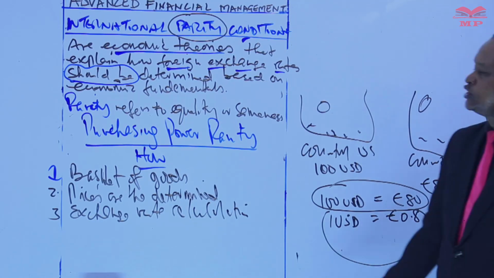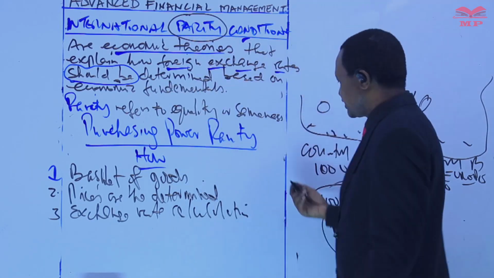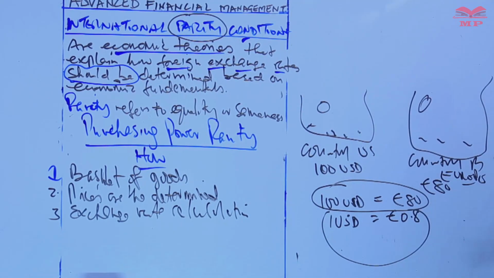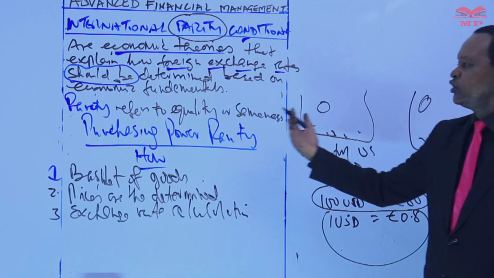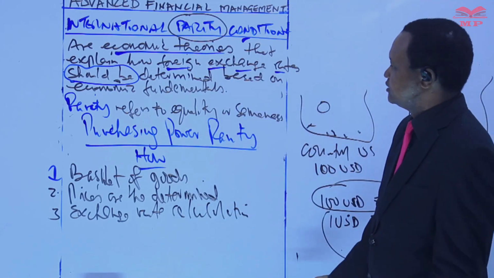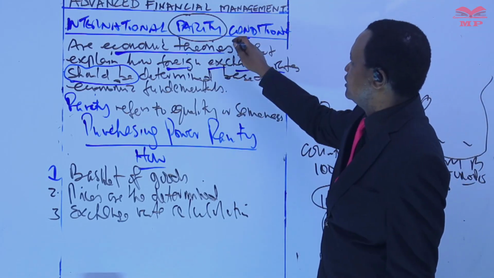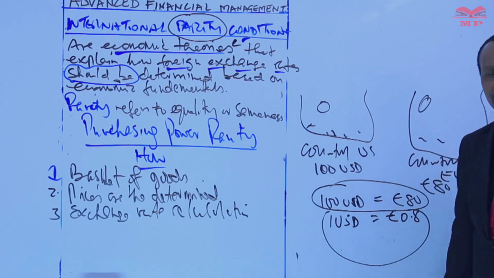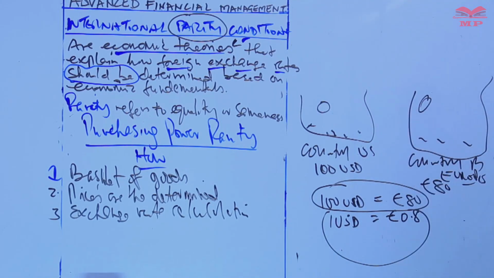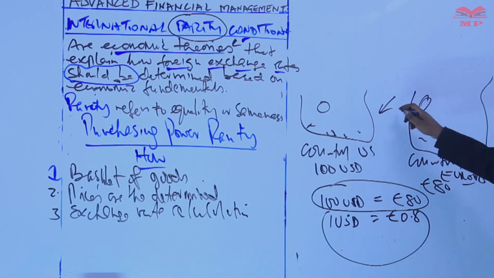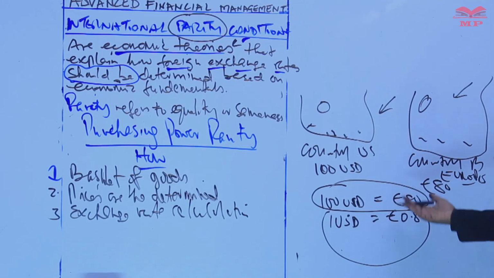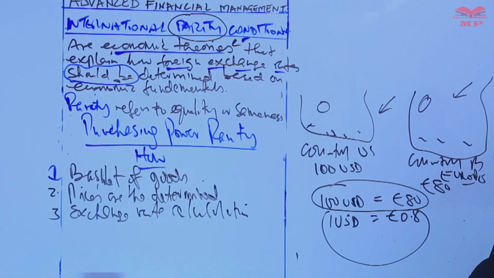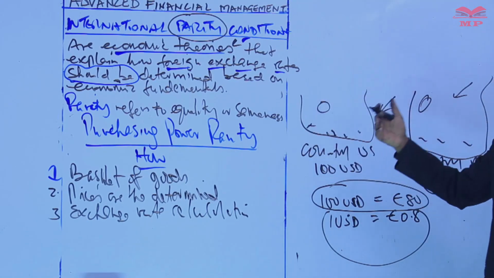So we are saying here should be. This may not be the case in reality. So this is just an exchange rate based on PPP. It is a theory. This does not mean that that is the exchange rate in practice. It's just a theory, and we have assumptions we use to develop this theory. So in our case here, based on the purchasing power of these countries, 1 USD is equal to 0.8 euros. That is a theory. In practice, it may be different.